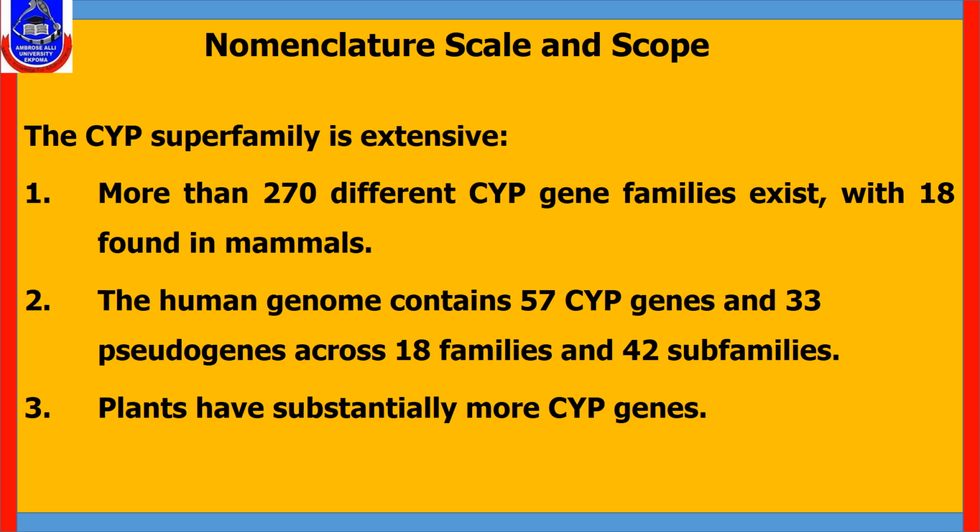The human genome contains 57 cytochrome P450 genes and 33 pseudogenes across 18 families and 42 subfamilies. Plants have substantially more cytochrome P450 genes compared to humans.